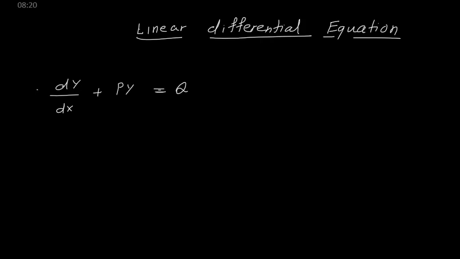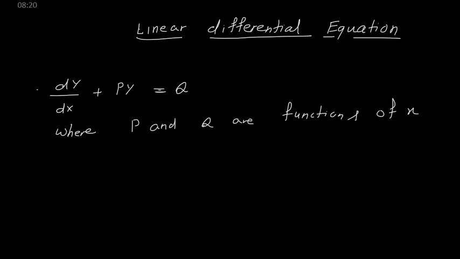An equation of the form dy upon dx plus py equal to q, where the important thing is that p and q are functions of x. If p and q are terms which do not include y, I will consider that a function of x. If it is a constant, that also can be considered as some function of x.